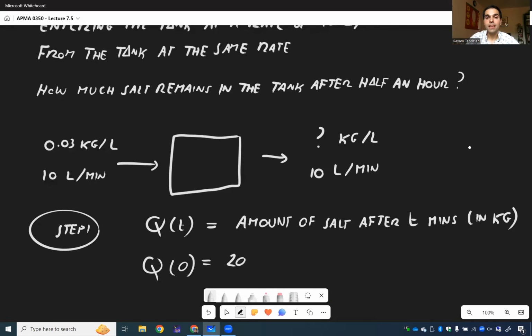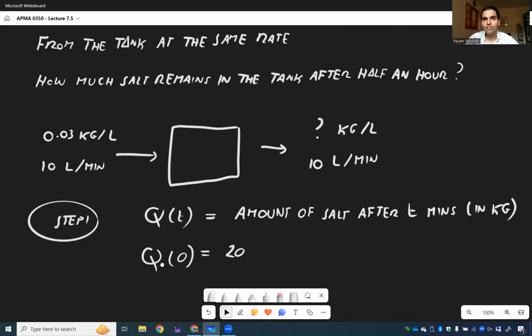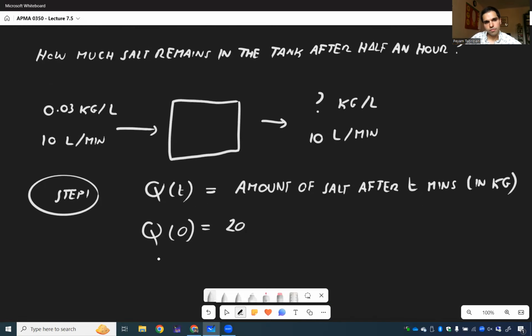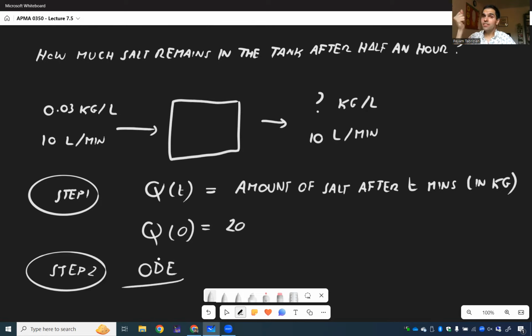And then, of course, we need to derive our differential equation. Step 2, ODE. Notice, and that's very important in applied math, this constant interplay between real life and the math. Here we had a concrete word problem, and we translated this into math.